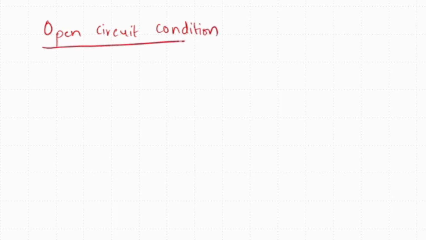Now let's get into open circuit. Right, open circuit condition. So what is open circuit condition? Current 0, voltage can be positive or negative.